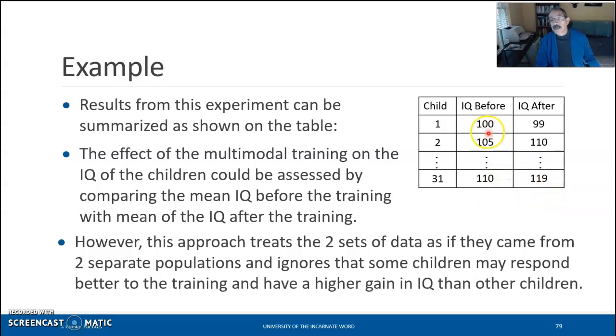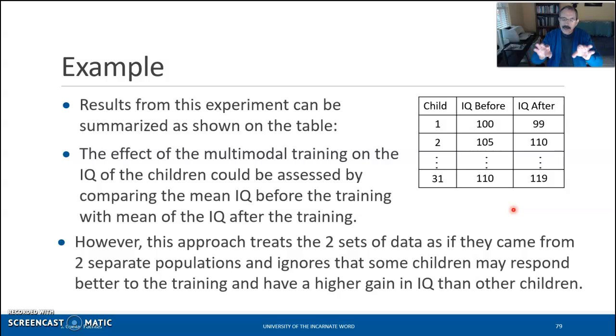Now, trying to compare the mean of the IQ before with the mean of the IQ after, well, that's not a good idea, because that would be like treating this as if they were samples from independent populations, and that is not correct. And the worst part is that by doing that, you ignore the effect of the training on each of the children, because some children will benefit more than others.